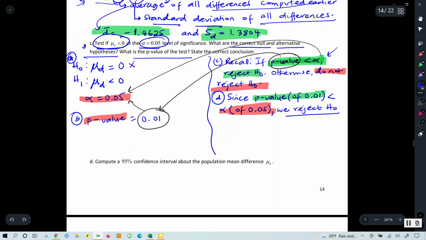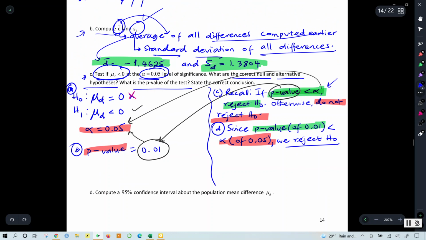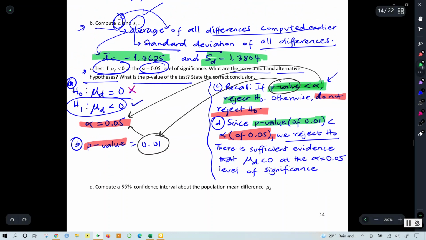So in this case, it means we have sufficient evidence in support of the mean difference being less than 0 at alpha level of significance. So at this point, we have sufficient evidence that mu d, or the mean difference, is significantly less than 0 at alpha equals 0.05 level of significance.